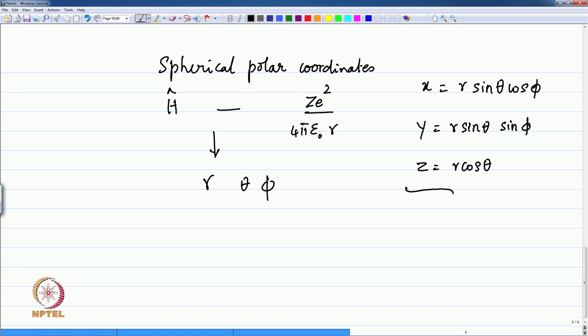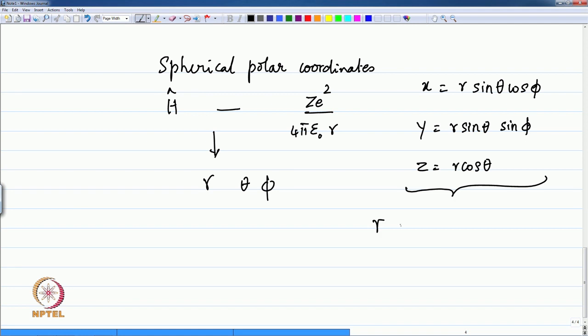These are the equations for the transformation between polar and Cartesian coordinates, and the inverse transformation is of course r is square root of x square plus y square plus z square. If you take the ratio of x by y, r sin theta cancels off and you have cot phi, or phi is tan inverse y by x.